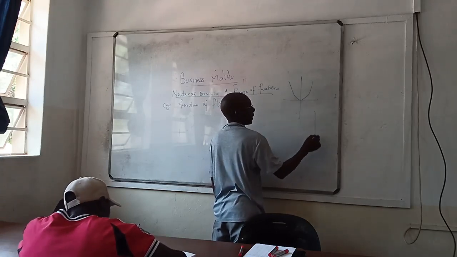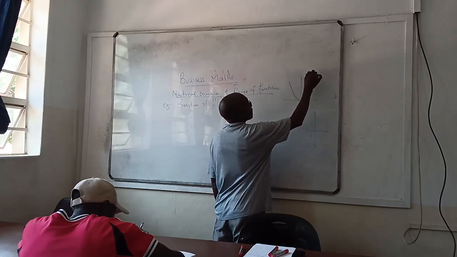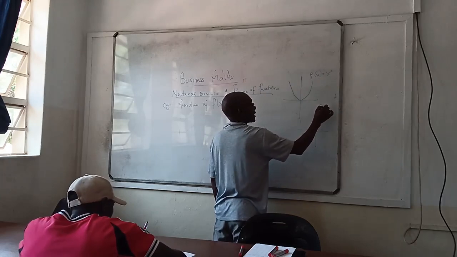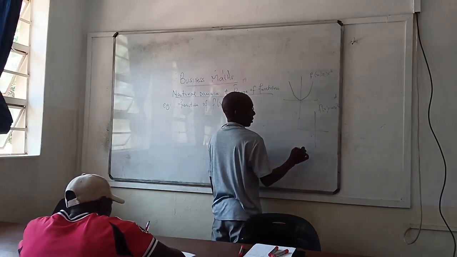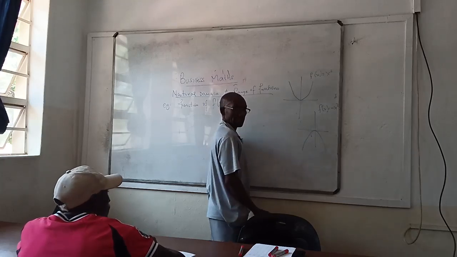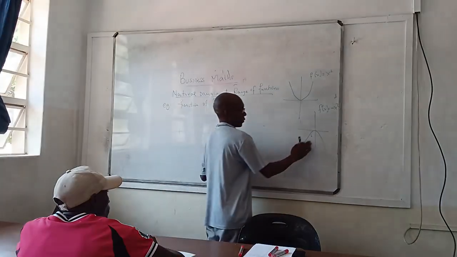But f of x equal to minus x squared will go like this. A parabola of that nature. That's what you learned at Form 4.